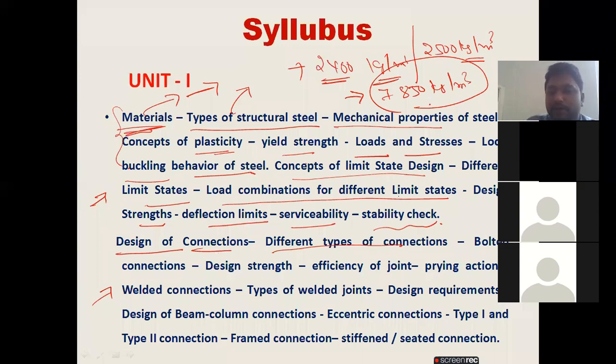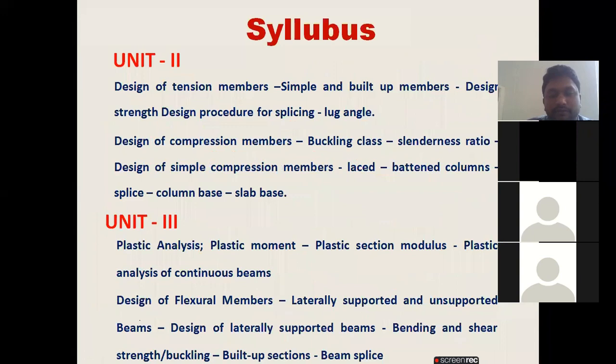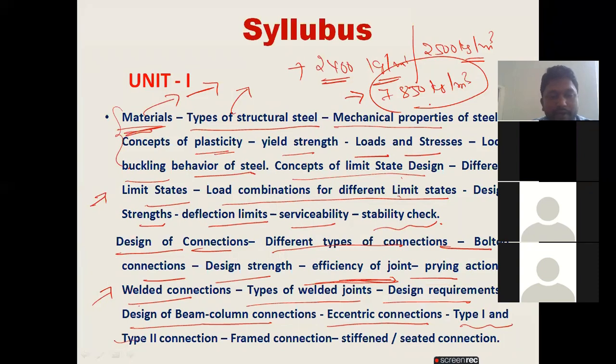Okay. So this covers the bolted connection, design strength, efficiency of the joint, prying action, welded connections, types of welded joints, design requirements, design of a beam column connection, eccentric connections, type 1 and type 2 connections, framed connections, stiffened and seated connections.